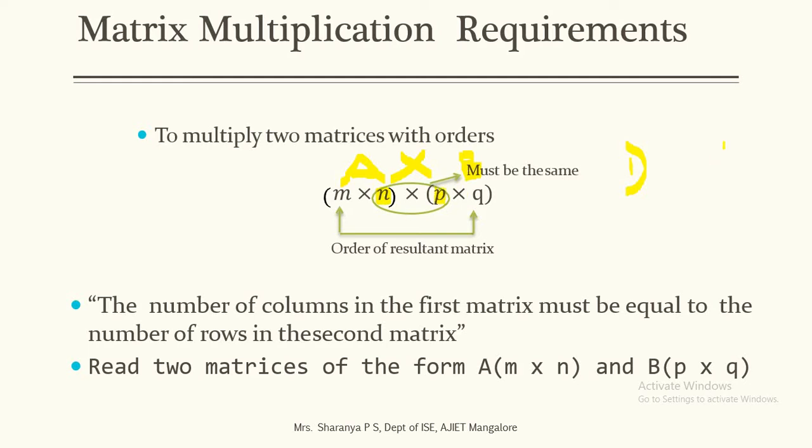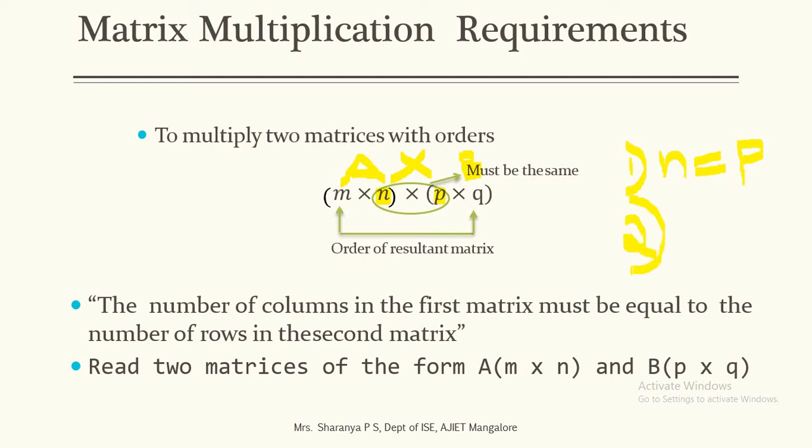In simple terms, n should be equal to p. The columns of the first matrix are referred to by variable n, and the rows of the second matrix by variable p. So, to perform matrix multiplication, n should be equal to p. This is the first condition that we need to satisfy.